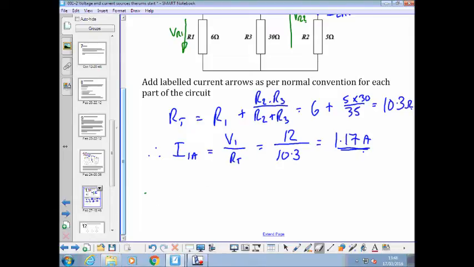How do I calculate VR1? It is IT times R1. 1.17 times 6 ohms equals. Follow me, Carl? Yep. So what does that equal? 7.02 volts.